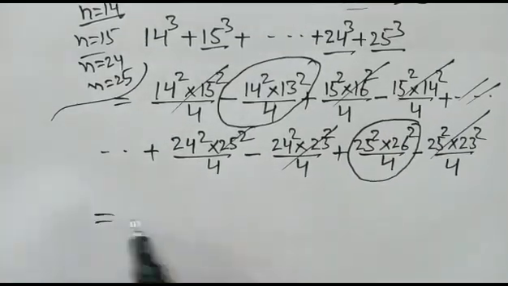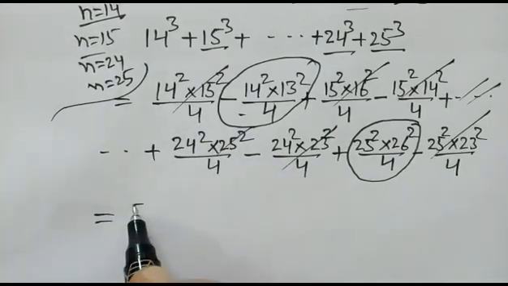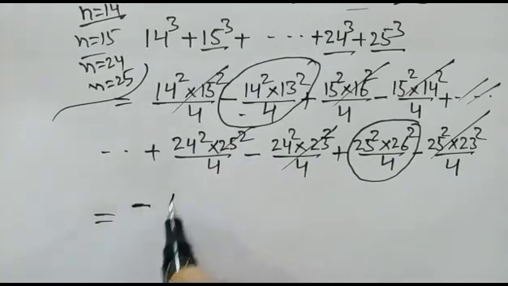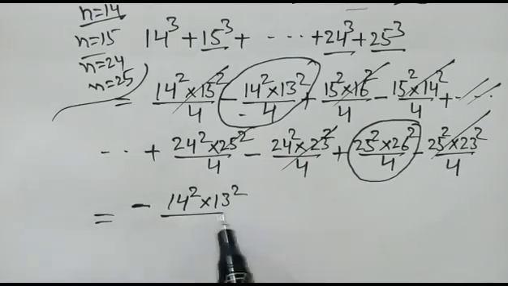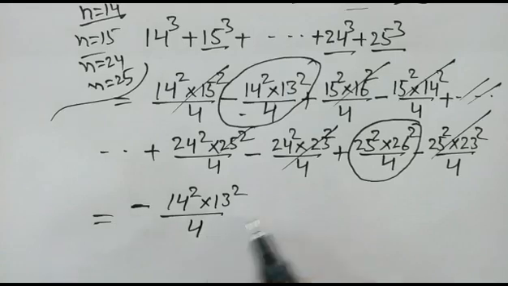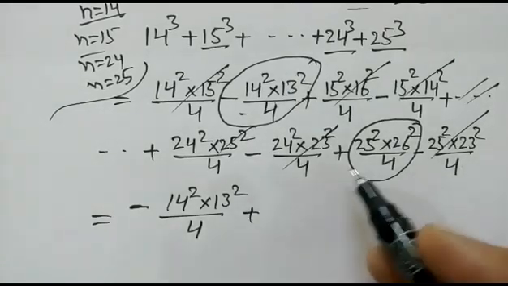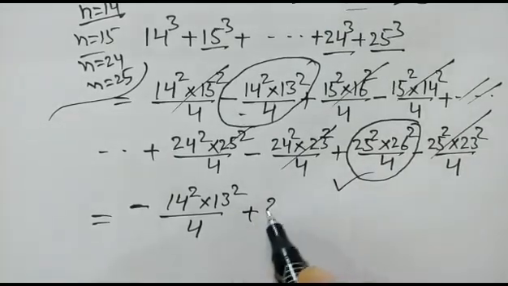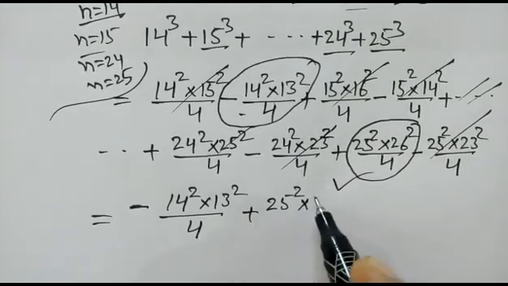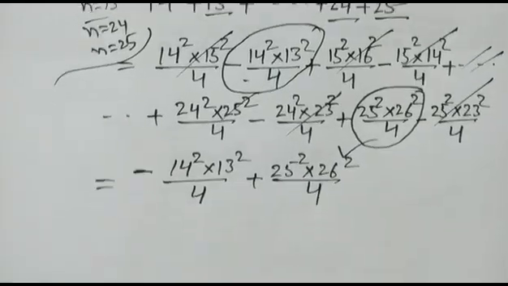Now we have this: minus 14 square into 13 square over 4, plus 25 square into 26 square over 4.